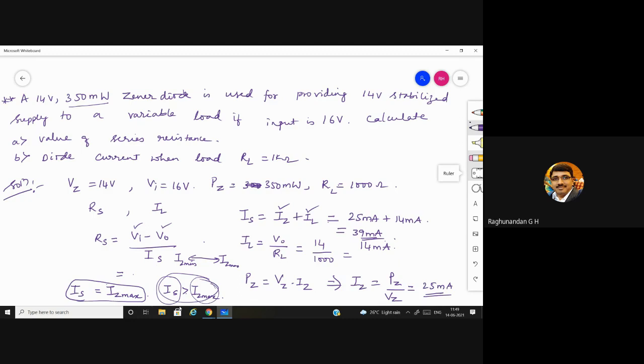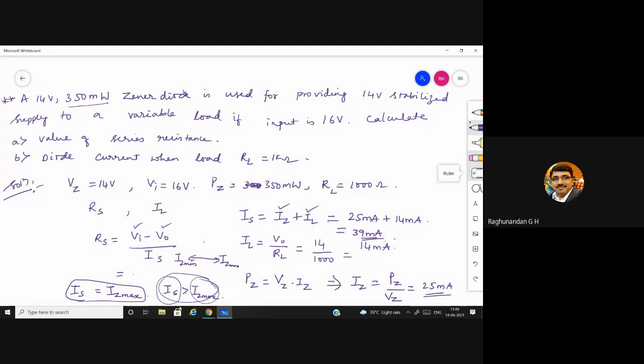When you are adding a load, it's fine, because the Zener diode and the load share the current, and that will be balanced. But when the Zener diode alone has to carry the current, this 39 milliamps will be a very high current, greater than the maximum Zener current.